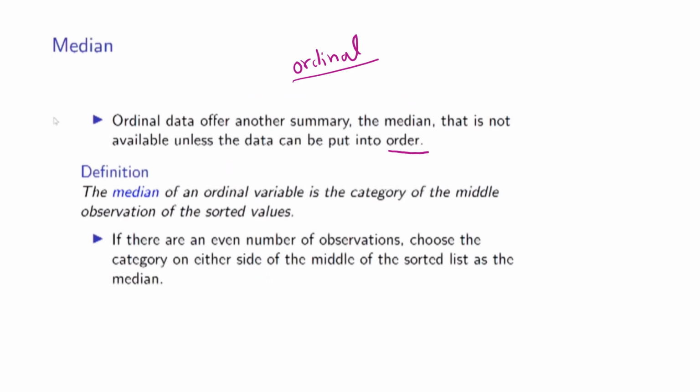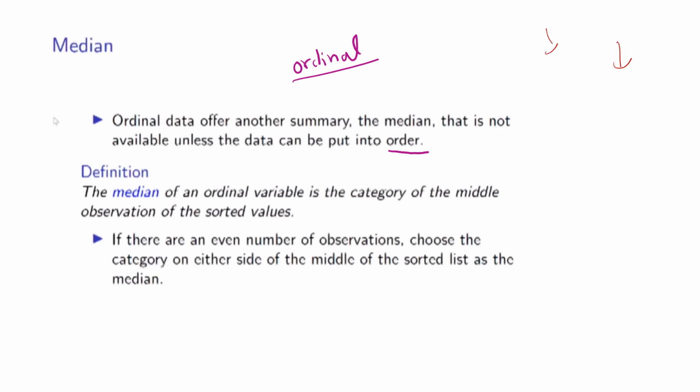Then comes the median. Ordinal data offer another summary, the median, that is not available unless the data can be put into order. So we can find the median if we can put the data in order. Data should be ordinal.